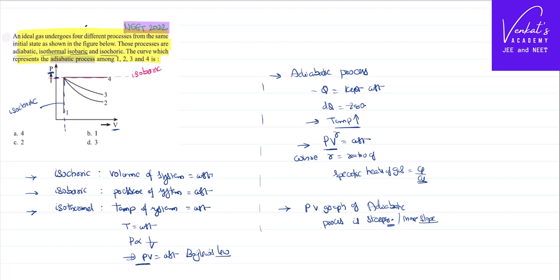So the graph having a higher slope among 3 and 2, you can see this 2 is having more slope, is representing adiabatic process, and obviously 3 represents an isothermal process.